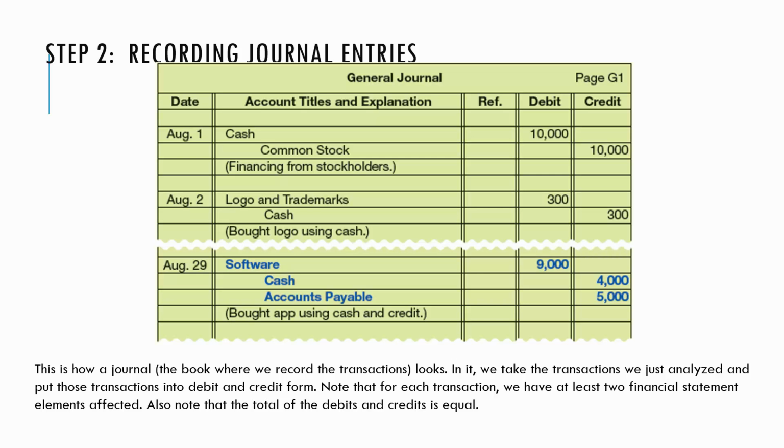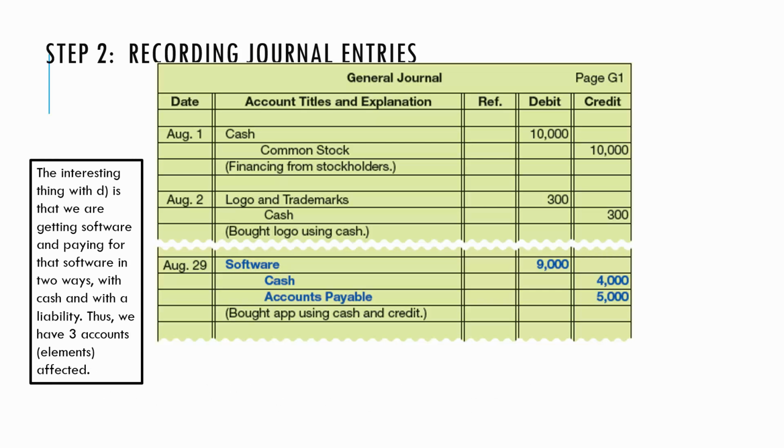So you notice an asset going down and an accounts payable going up are both credits. And that's because one is on the left side of the accounting equation, and one is on the right side. You have to have at least two financial statement elements affected by this. The debits and credits are always equal.